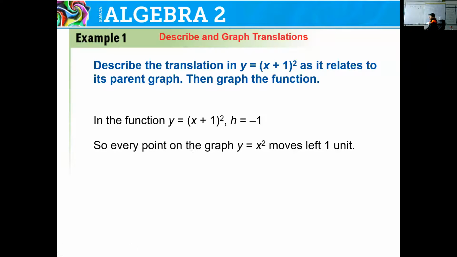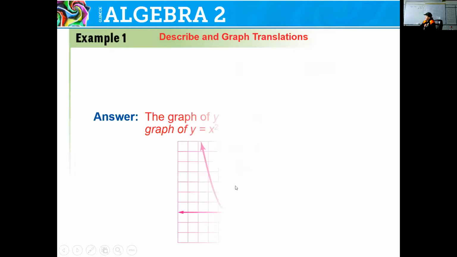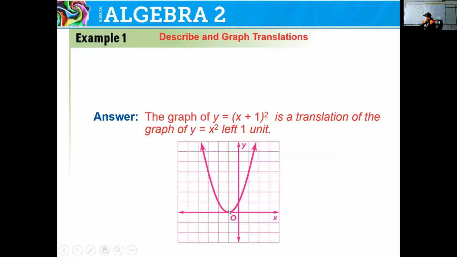So every point on the graph of y equals x squared moves left 1 unit. So graph the vertex at -1, 0, which was formerly at 0, 0, and sketch the parabola. So that's what it looks like. Because x squared should start here. Since it's 1 left, it's going to start at -1, 0.